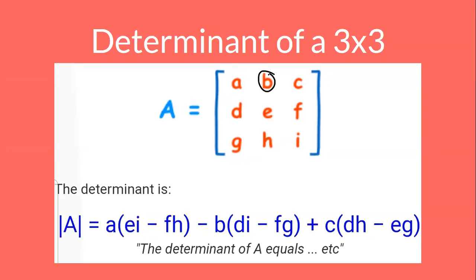And now I'm on element 2 in row 1. I'm going to cross out where it all falls. So now I'm doing cross multiplication of D times I minus F times G. And then I have my second added in.